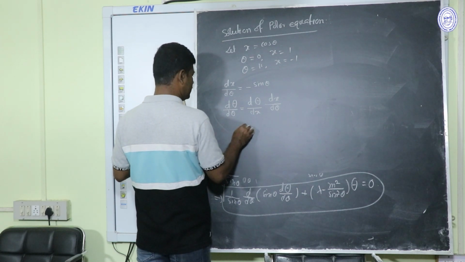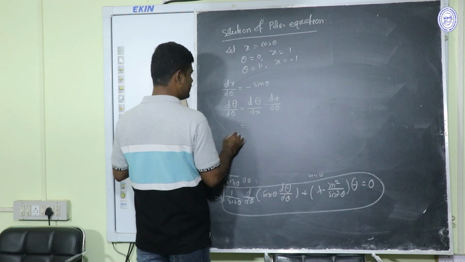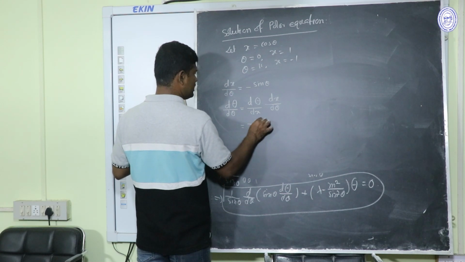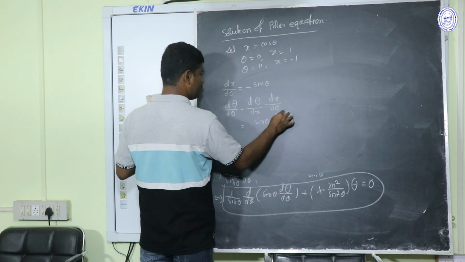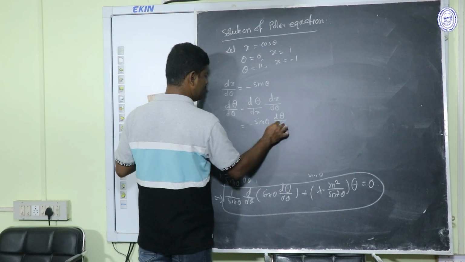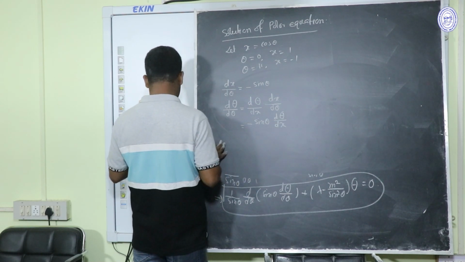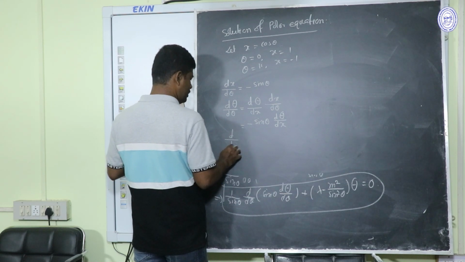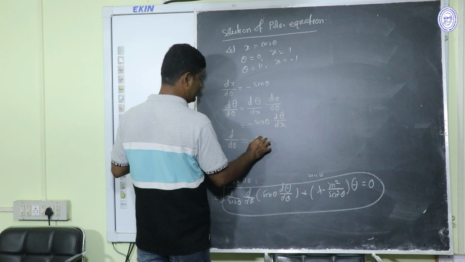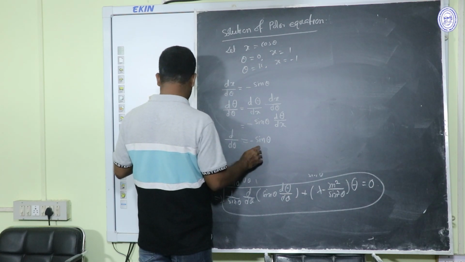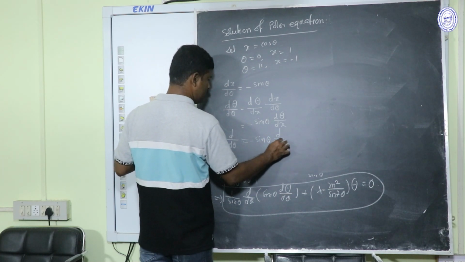So, d capital theta by d theta equals minus sin theta d capital theta by dx. So, d/d theta equals minus sin theta d/dx.